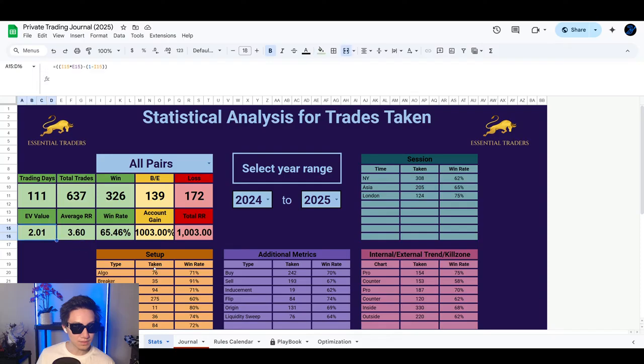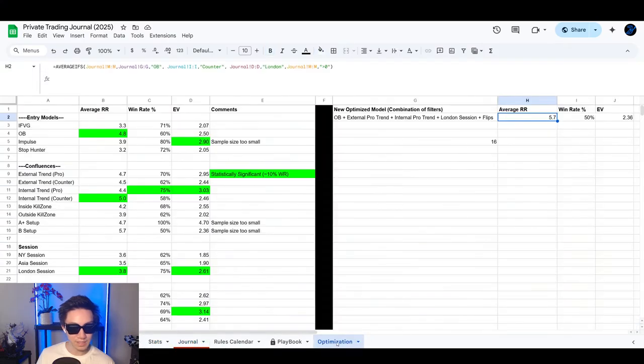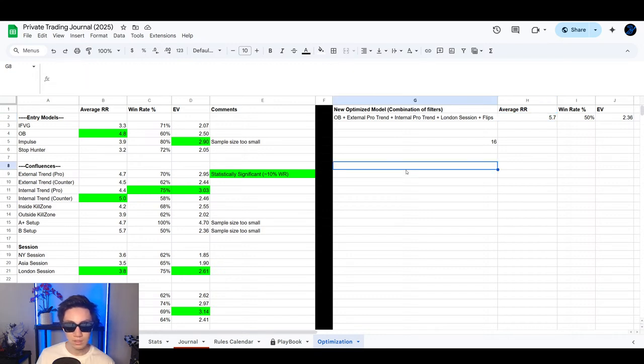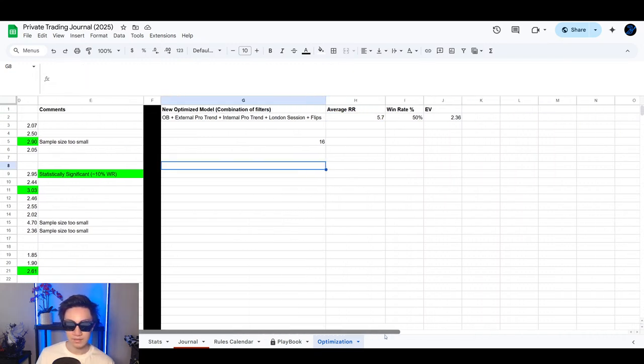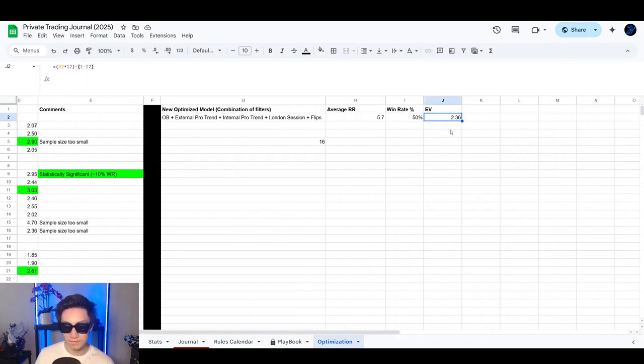So the EV is better, as you can see now that we optimized here. The EV is better than what I currently have. So you see the EV is 2.36, right?